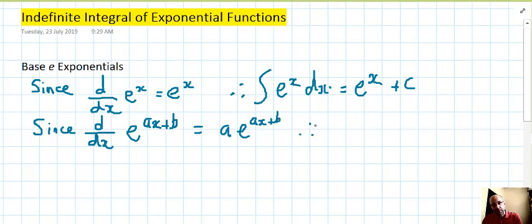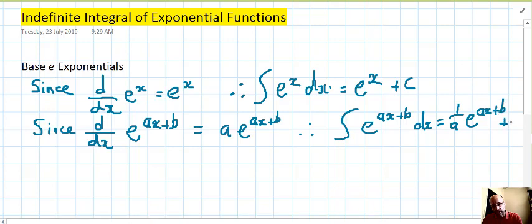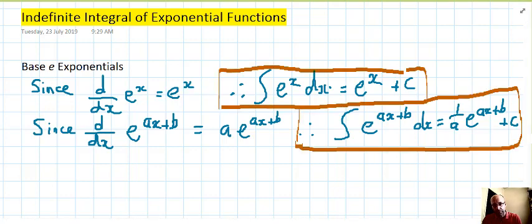So thus that means that the integral of e to the ax plus b dx would have to be 1 over a e to the ax plus b plus the arbitrary constant of integration. So we have two results so far.